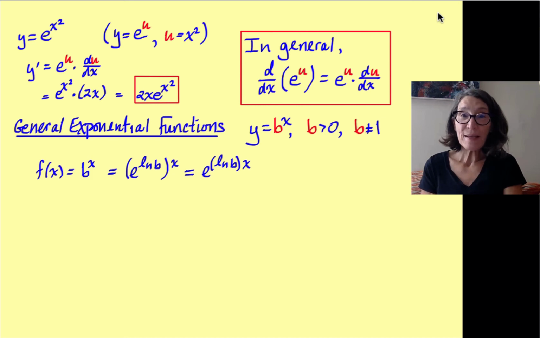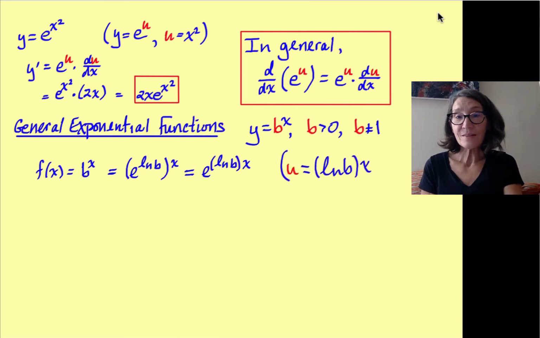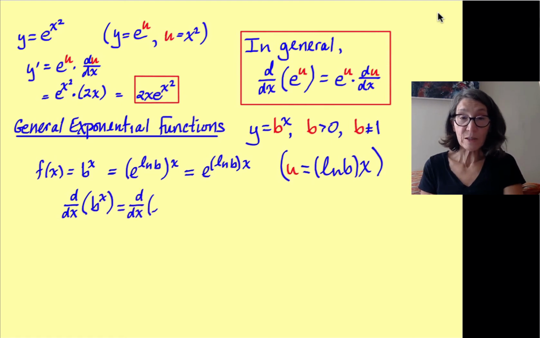So now what we have is the natural exponential function with an inside function. The inside is just natural log of b times x. So let's use the chain rule on that to get the derivative of b to the x. So the derivative of b to the x is going to be the derivative with respect to x of e to the natural log of b times x.